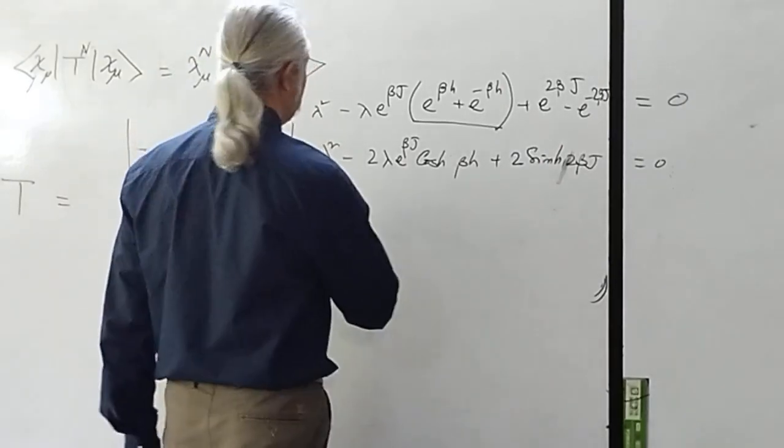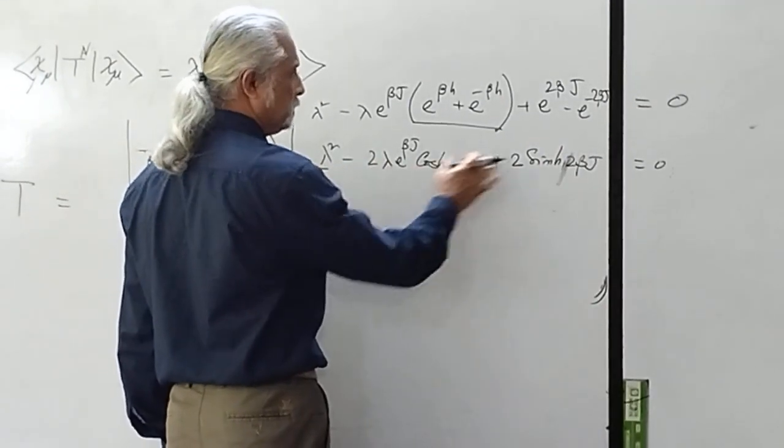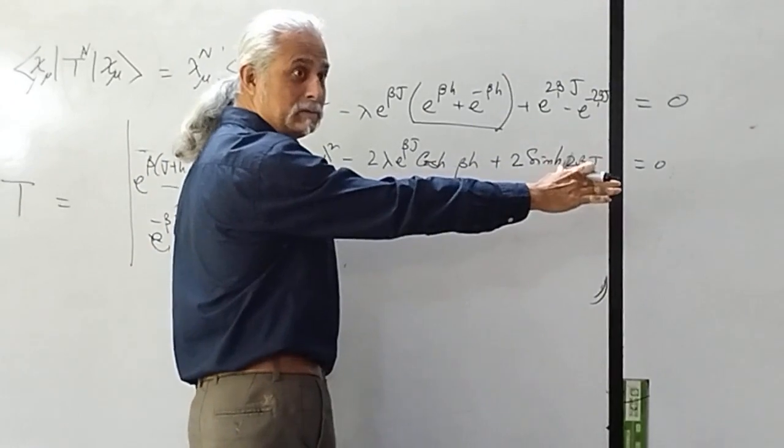Okay, so x square plus bx plus c equal to 0.